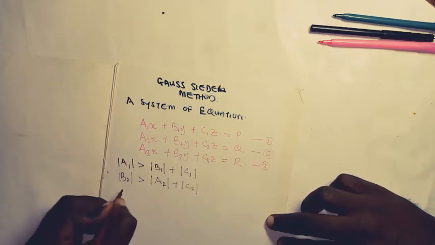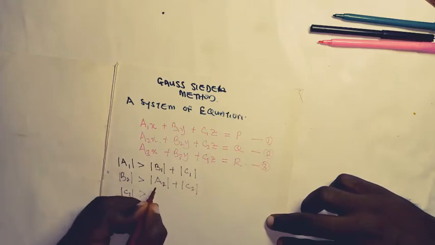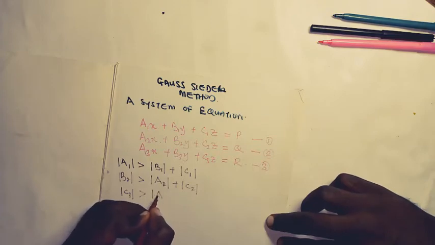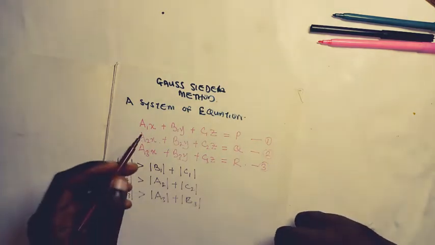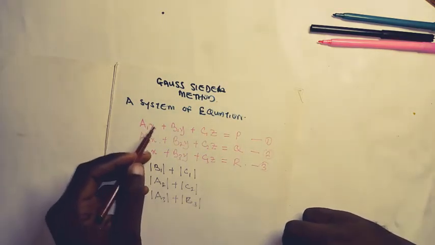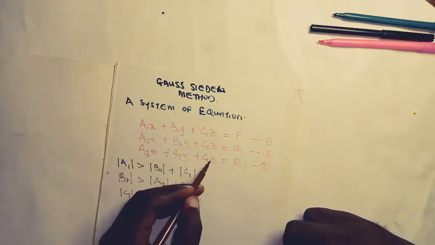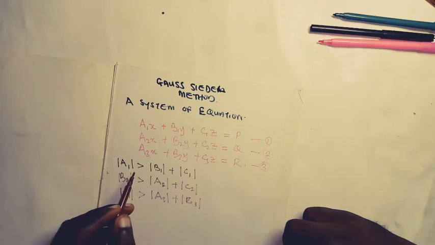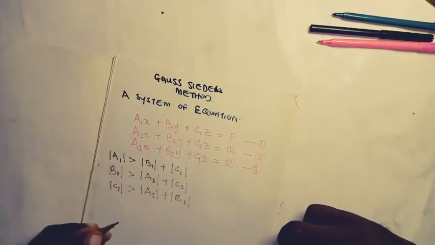And then for the last equation, the absolute value of c3 must be greater than the absolute value of a3 plus the absolute value of b3. So you see, we check a1, b2 and c3. The diagonal of this system of equations must have the diagonal row dominance form.